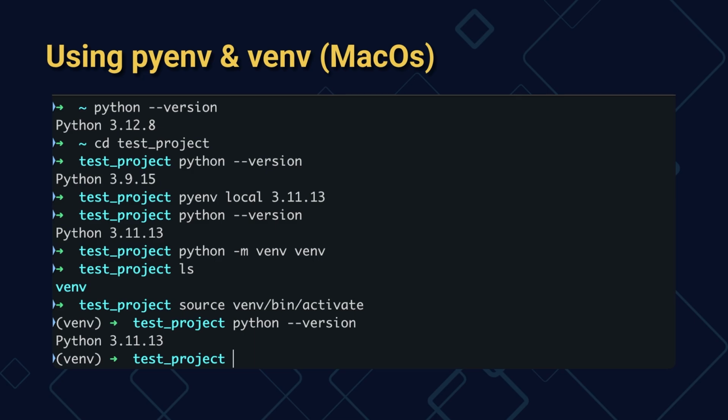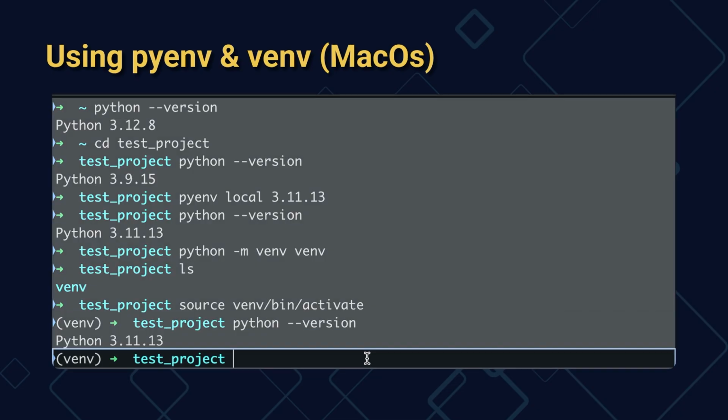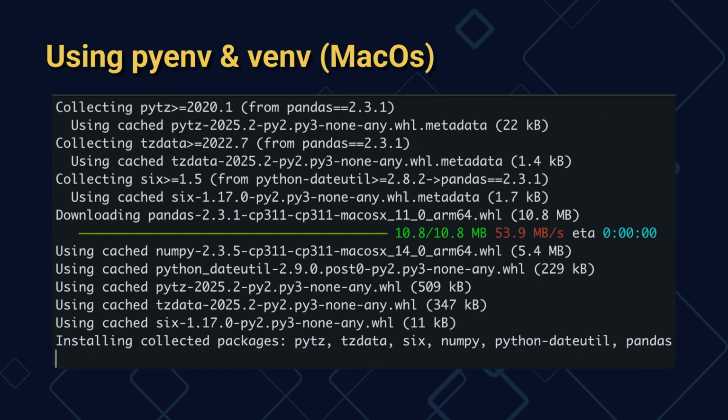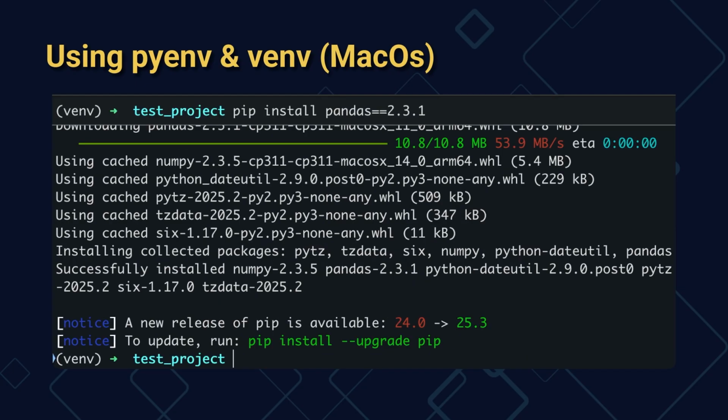I want to go for maybe an older pandas library to install, and I just want to install this one, 3.2.3, and it's done. It shows me that there is a new pip version. I don't need it.